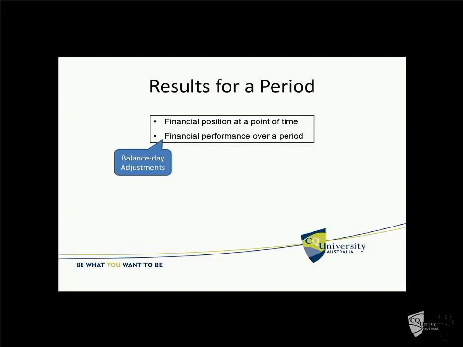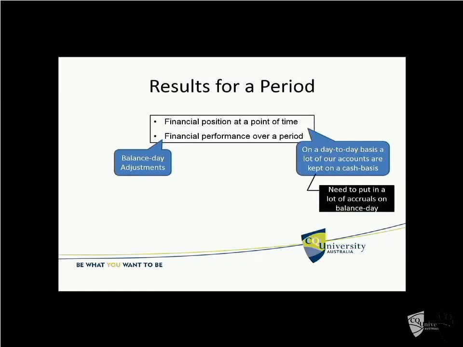We need to make various adjustments so that we can measure the performance in a period and get the financial position at a point of time. And so on a day-to-day basis, a lot of our accounts are kept on a cash basis. The accruals aren't there. And so we need to put a lot of the accruals in on balance day. And then we'll see the next day we take a lot of them out. So we put them in for a day and take them out for a day.